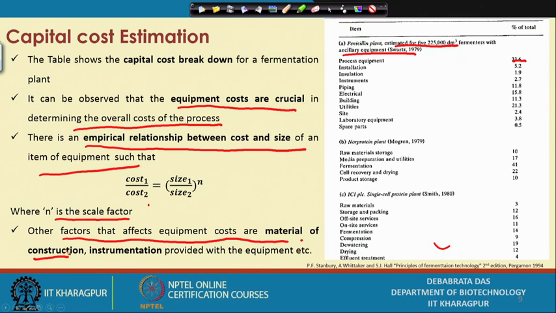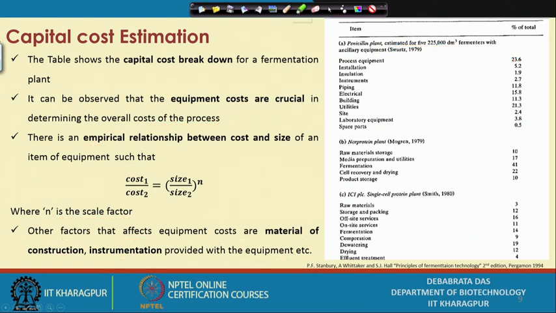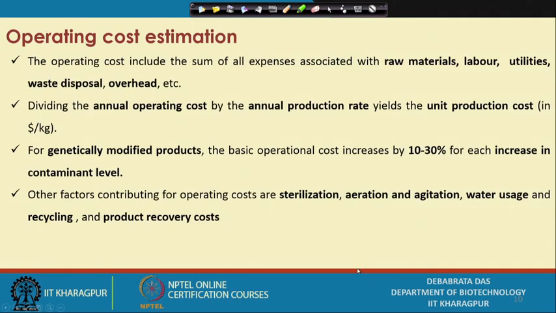I told you that in the fermentation industry mostly we use SS316 as a construction material. For instrumentation provided with the equipment, the more instruments we use, the more the cost will be. Then operating cost depends on several other factors.